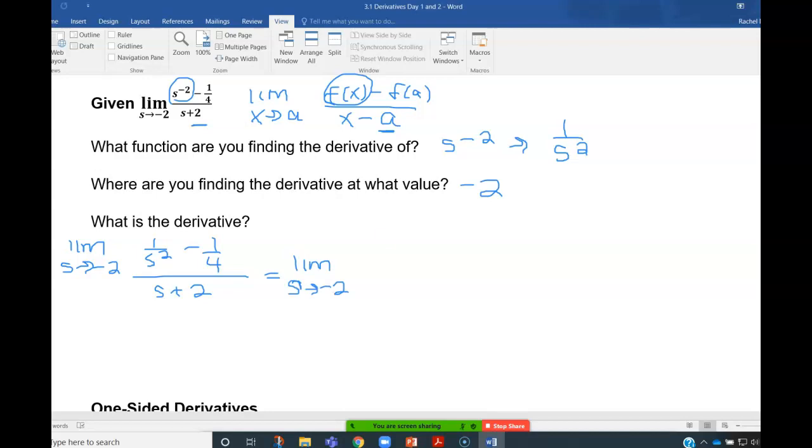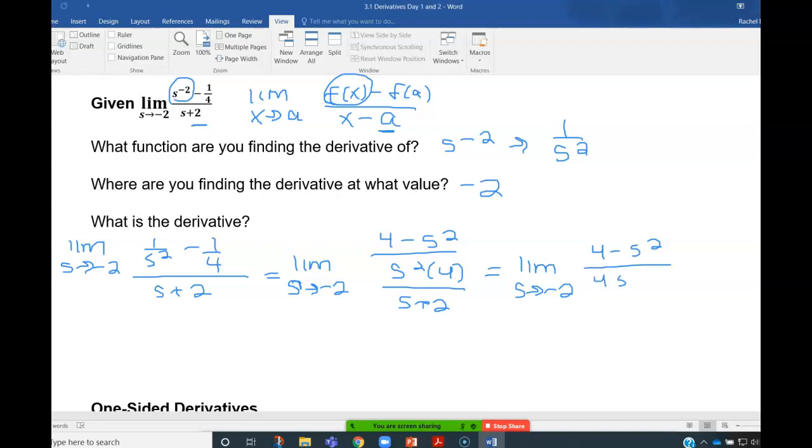So this becomes 4 minus s squared over s squared times 4, because my common denominator is 4s squared, which means over on the left we need the 4, and on the right we need the s squared, all over s plus 2. And then we know that we can't have fractions and fractions, so we multiply by the reciprocal of the denominator. So that gives 4 minus s squared over 4s squared times s plus 2.